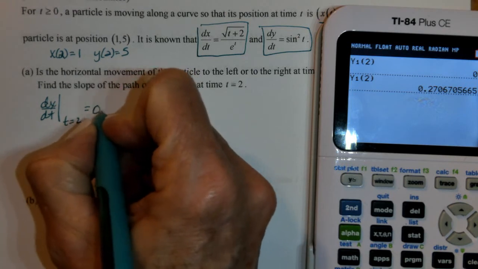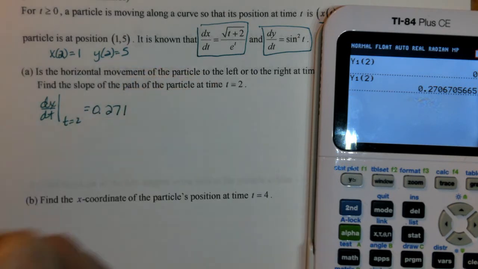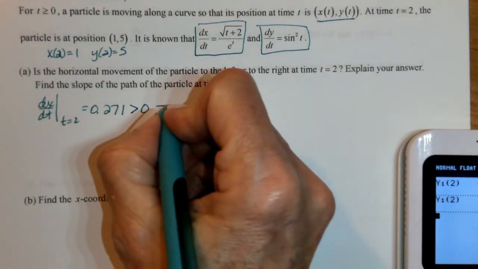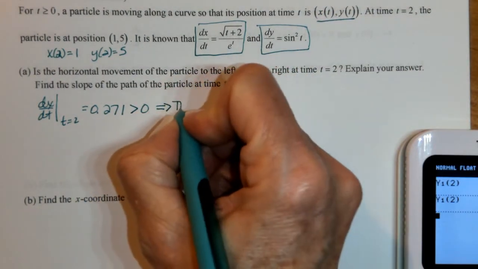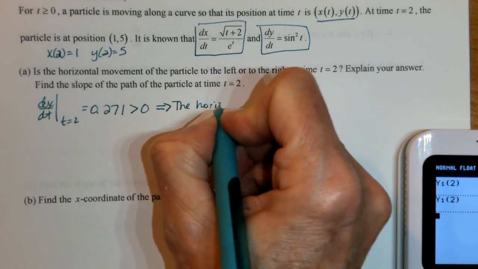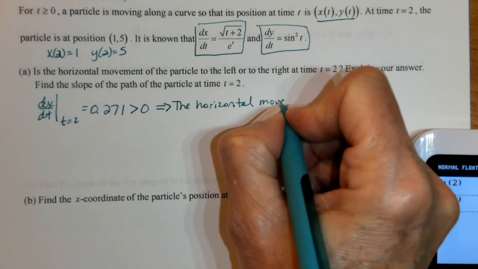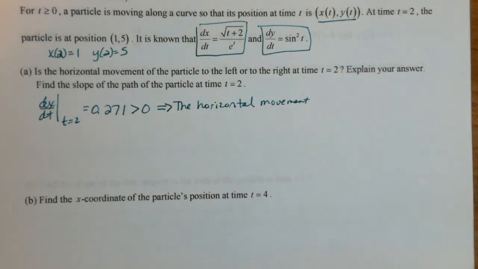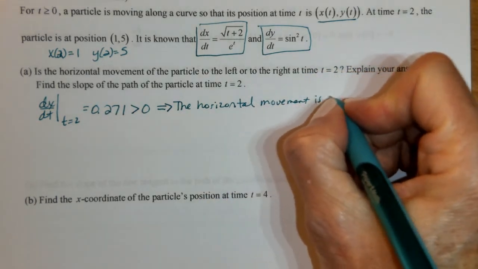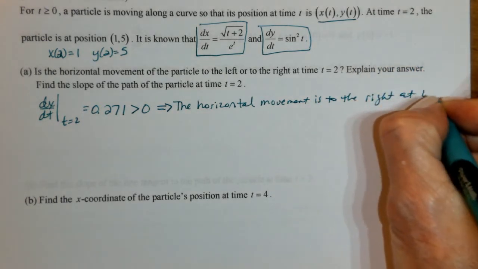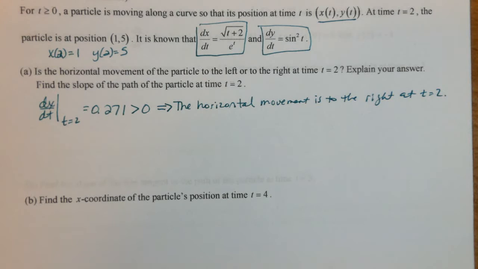That looks a little bit better. So we get 0.271, which is positive. Therefore, the horizontal movement is to the right at time 2. Okay?